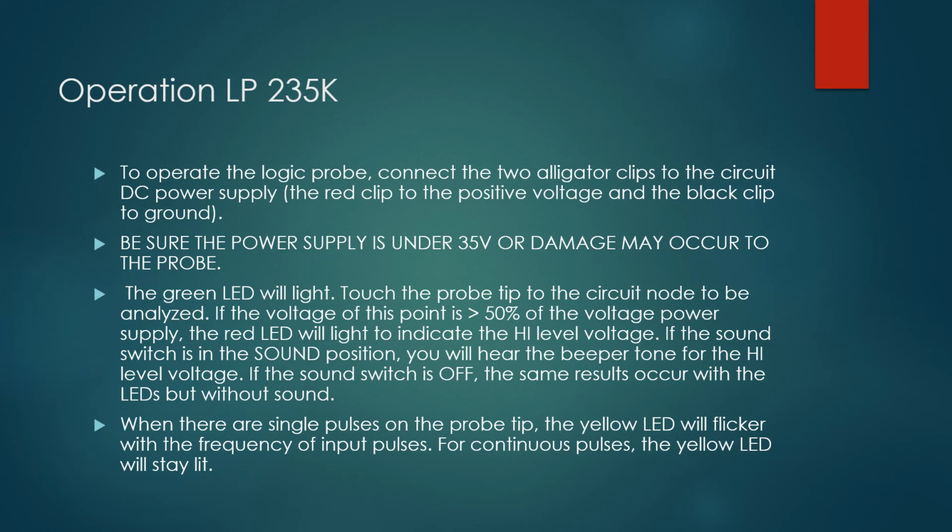If the sound switch is in the sound position, you will hear a beeper tone for the high level voltage. If the sound switch is off, the same results occur with the LEDs but without sound. When there are single pulses on the probe tip, the yellow LED will flicker with the frequency of the input pulses. With continuous pulses, the yellow LED will stay lit.